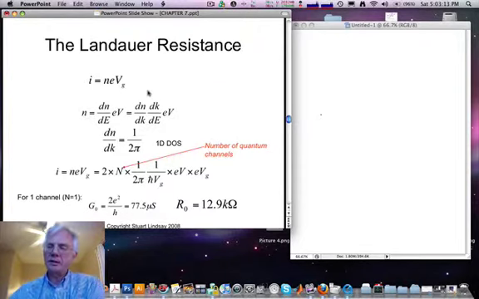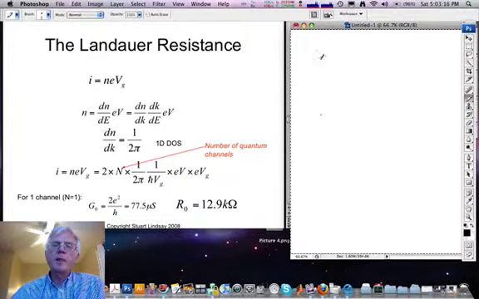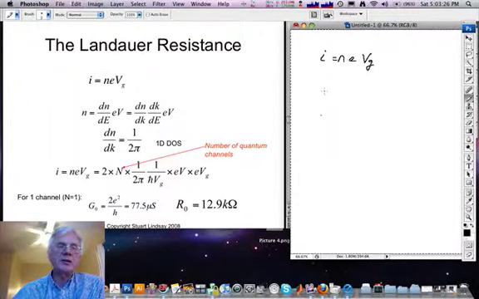The current is just given by the product of the charge per carrier times the number of carriers crossing the barrier times their velocity, which will be the group velocity for electrons in the particular quantum state allowed in the channel. Now, the number of electrons crossing that barrier, let's just redraw that little diagram here.